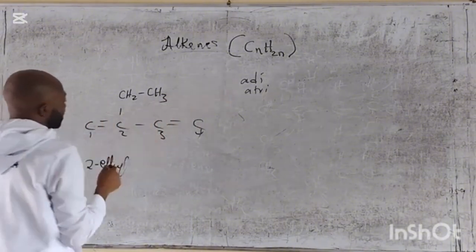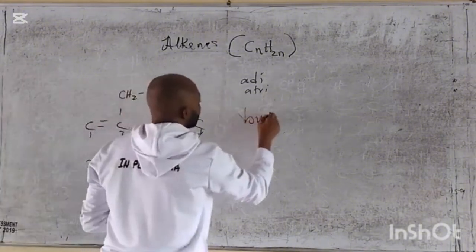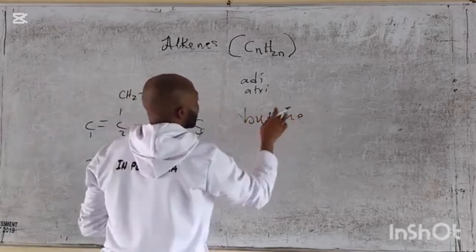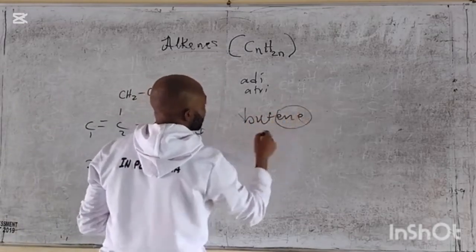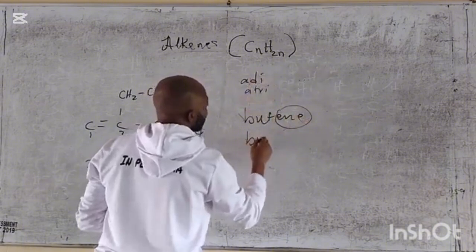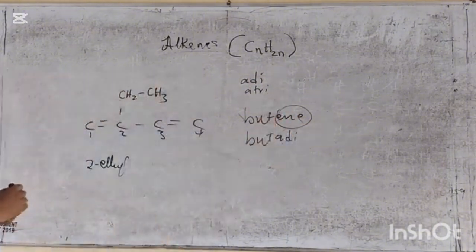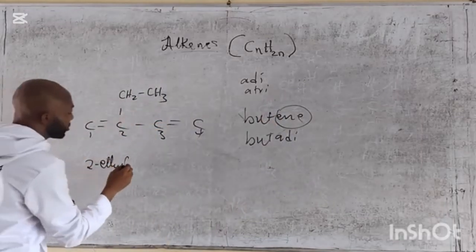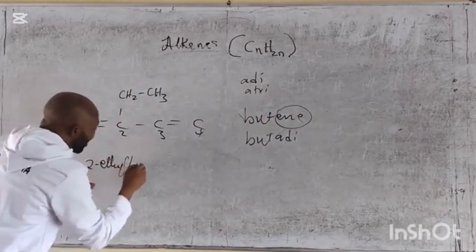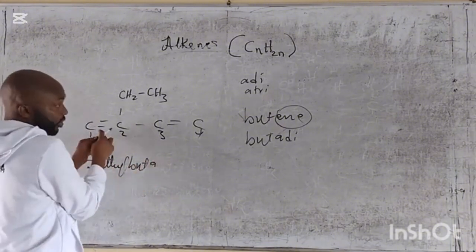Remember that instead of butene, they say you should change this to this. Okay. Now let's see how that works. Now this is 2-ethyl buta.